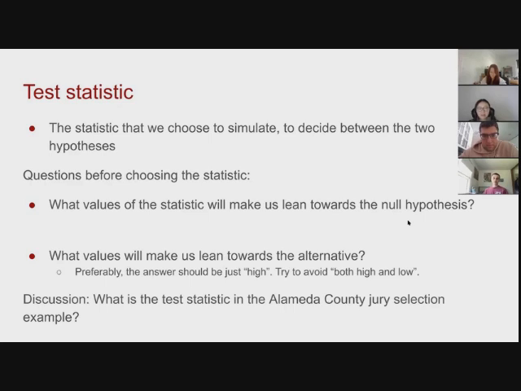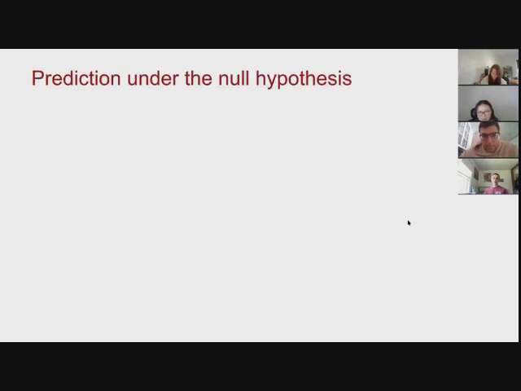In fact, in all hypothesis testing, as you can see now, we have to come up with the two hypotheses first, and then we have to design and pick a test statistic that makes sense in our setting. So that's the second step of doing hypothesis testing. The third one, which we have done already but I want to put more formally in the procedure, is prediction under the null hypothesis.